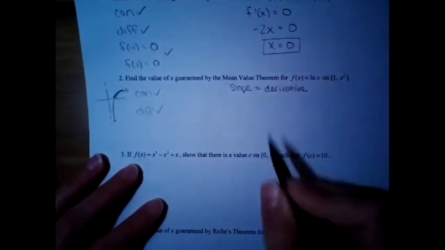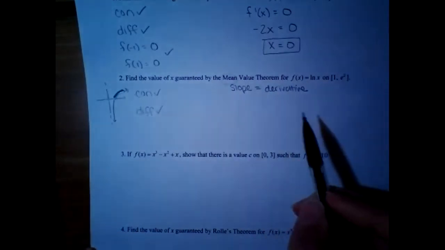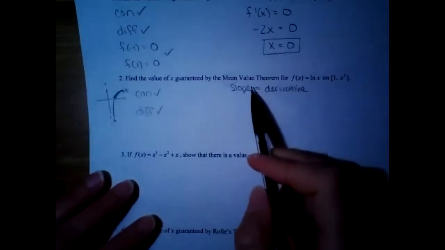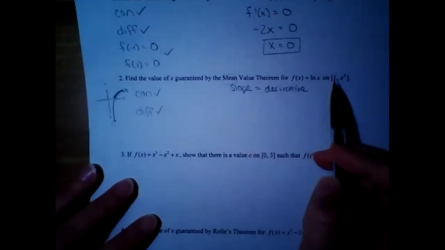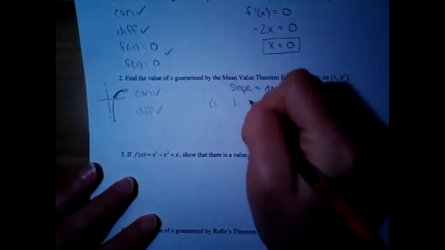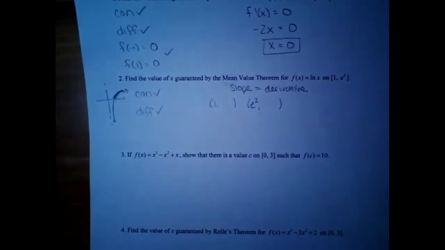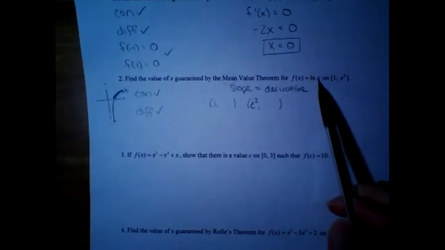So we're going to get the slope, we're going to get the derivative, and we're going to set them equal to each other. So to do a slope, you need 2 points. So we're going to need 1 comma something and e squared comma something to get a slope. And so we're going to take those and just plug them into the function.